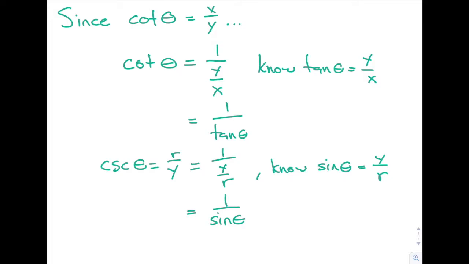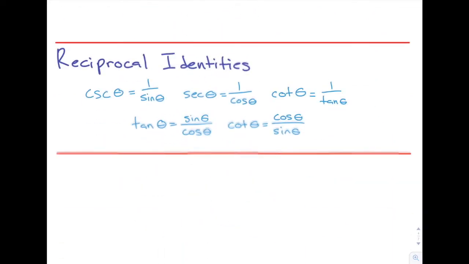You could prove the other ones if you wanted to, so it's probably worth taking the time to do the mental exercise to show that these are true. But the reciprocal identities we define as cosecant theta equals 1 over sine theta, secant theta equals 1 over cosine theta, cotangent theta equals 1 over tangent theta, and then we have tangent theta equals sine over cosine, cotangent equals cosine over sine.